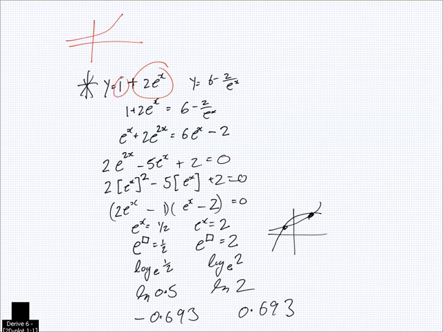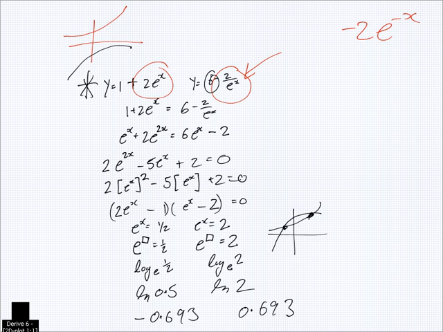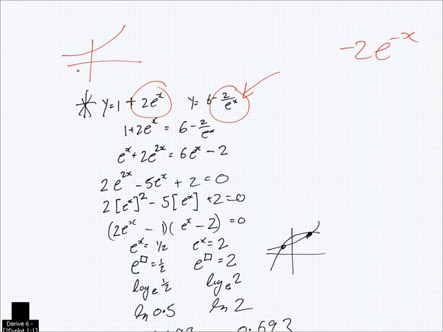But because of the plus 1, it's just raised a little bit. And this one here looks like this, which we learned is the graph like that. However, because of the 6, it is raised up so that it crosses twice.